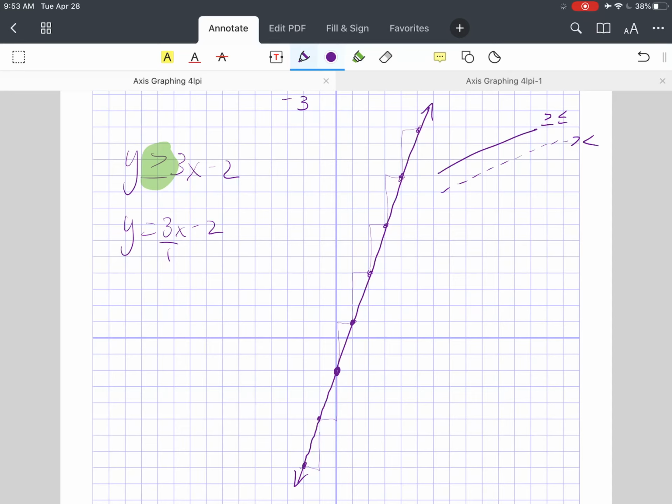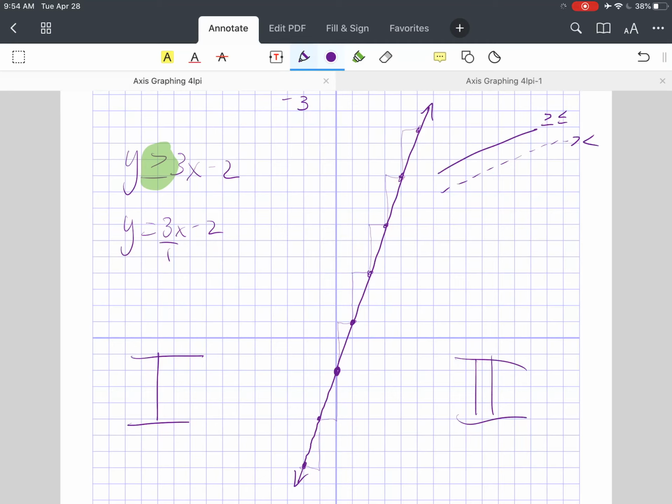Now, this is an inequality, which means we're finding solutions to this inequality. The solutions lie either in region 1 or region 2. What I mean is, this linear equation that we just graphed, you can think of it as a border. It's the border between country 1 and country 2.